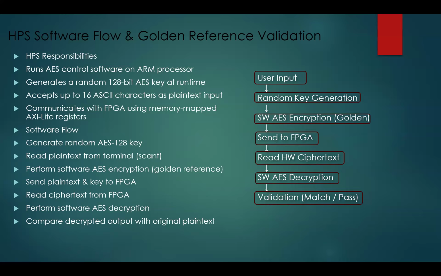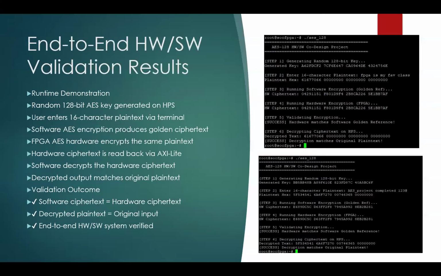HPS responsibilities: it runs AES control software on the ARM processor, generates a random 128-bit AES key at runtime, accepts up to 16 ASCII characters as plain text input, and communicates with the FPGA using the AXI Lite registers. So the functionality and flow is as follows.